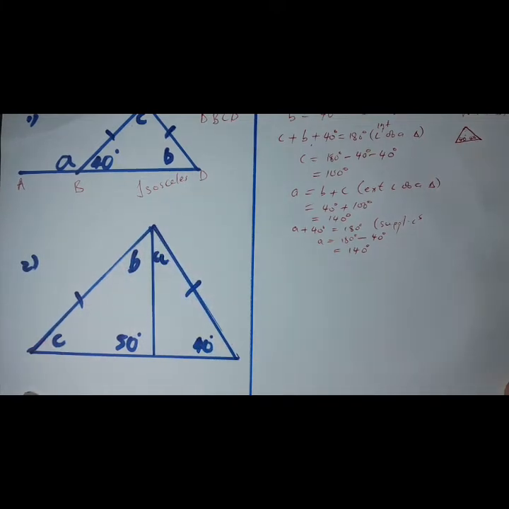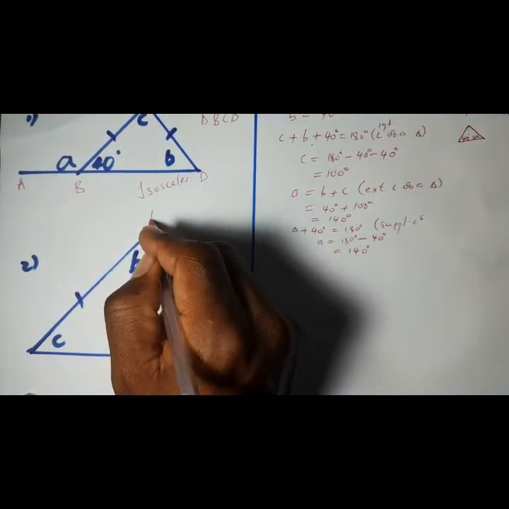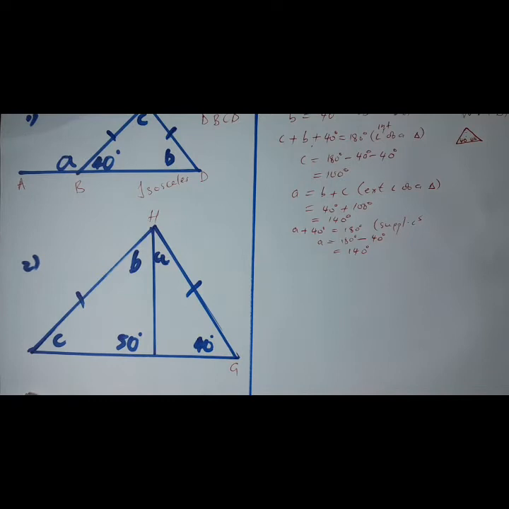Let's name it HGFI. So then we have triangle HGF, which has A and 40 inside. A is the angle we're looking for. Then we have triangle HFI, which has B and C, which we're looking for.